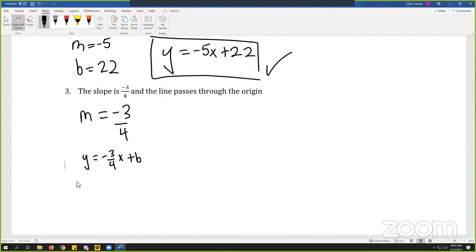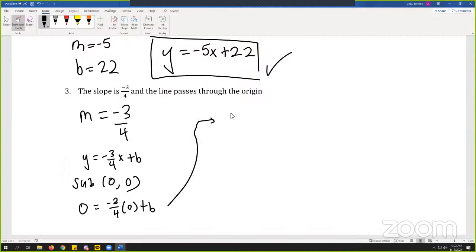And it says it's passing through the origin, so we're going to sub in (0, 0), because the origin is (0, 0). Plugging that in, we get 0 is equal to -3/4 times 0 plus b. And in doing so, we get 0 equals b. So our final equation is just y = -3/4x.